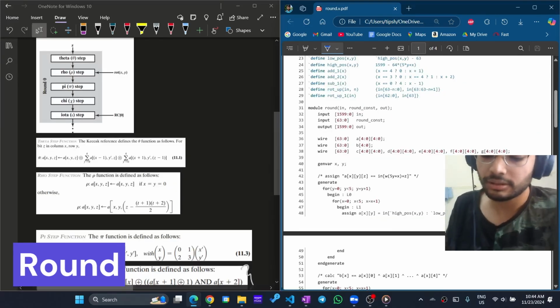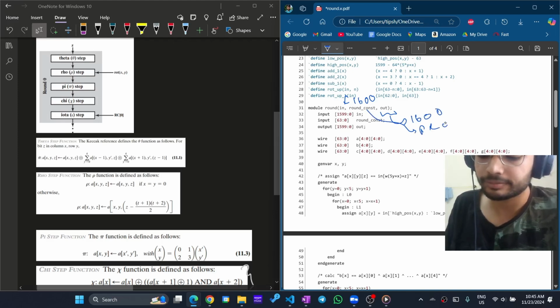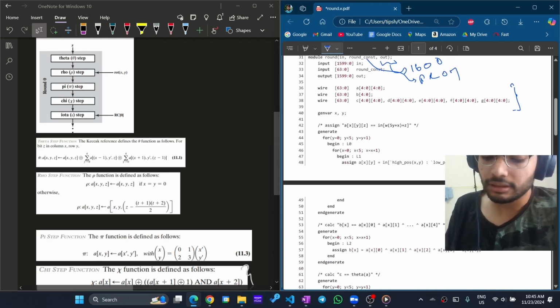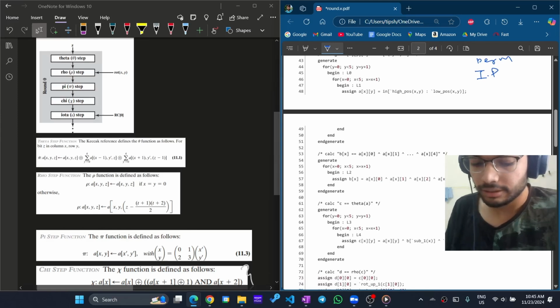Let's look at the round function. The round function takes in 1600 bits and outputs a 1600-bit output, and the round constant is given from the PROM. These are the intermediate stages given as wires, and it starts with a permutation, the initial permutation, IP stage, and then it is made into a 3D matrix of 64 cross 5 cross 5 bits.